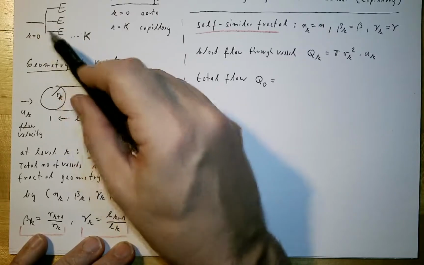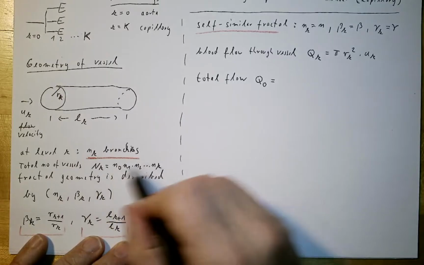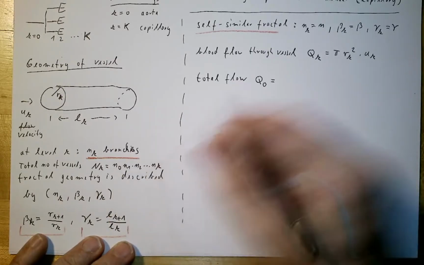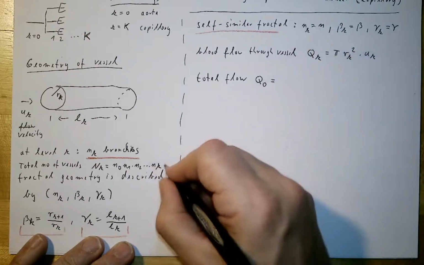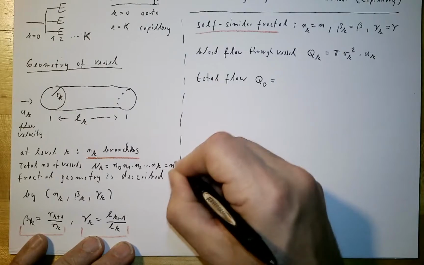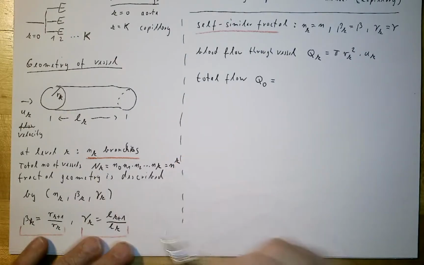We have n more vessels, so we have to multiply all of these numbers. And since we said these nk are all the same, this is actually n to the power of k. That's the total number of vessels.